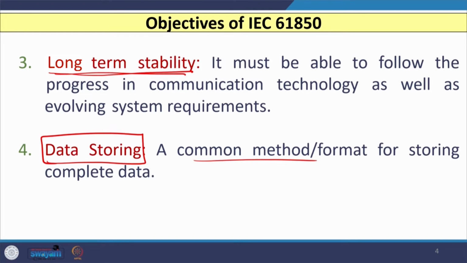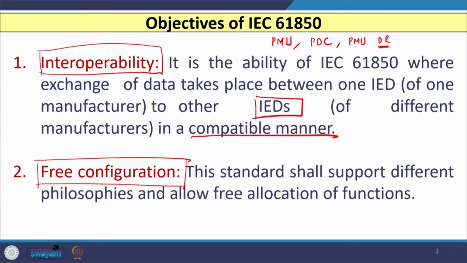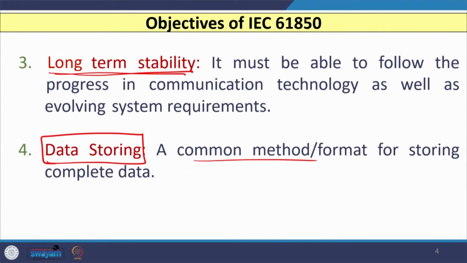So, the four are interoperability, free configuration, long term stability, and data storing. These four are the main objectives of IEC 61850, and because of them, IEC 61850 is widely applicable and adopted by all the relay manufacturers and all the substations throughout the world.